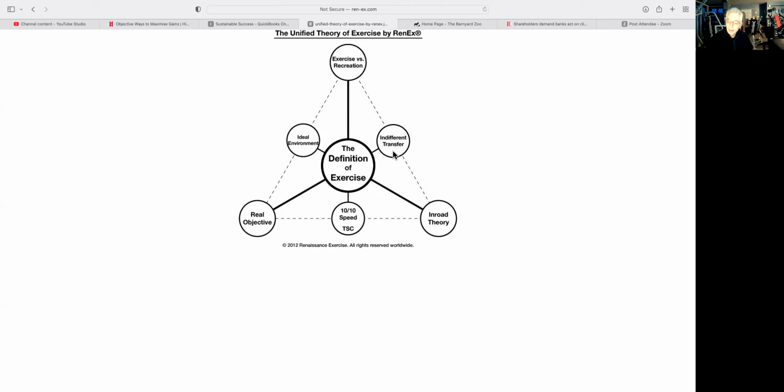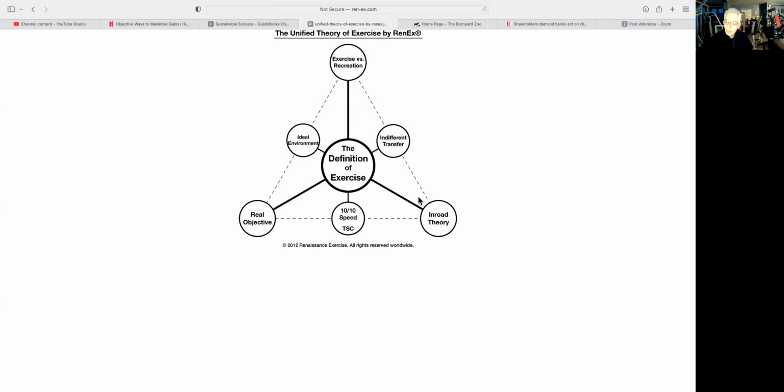Because if you're doing something that has nothing to do with a skill, it won't have any transfer, or indifferent or neutral transfer, which is what conditioning should have. But if you do something that's close but not quite, it'll actually have negative transfer and work against you.